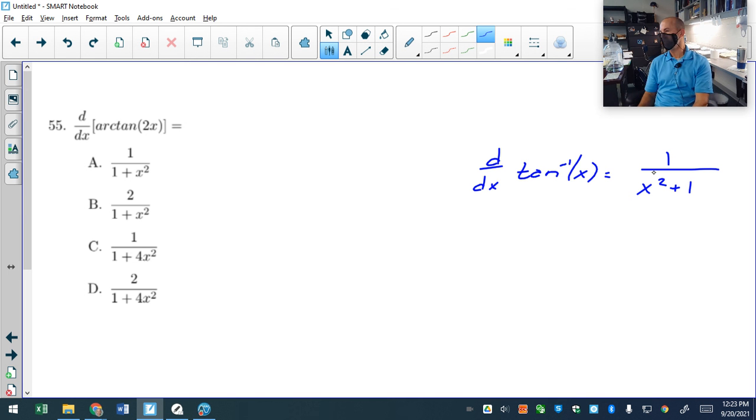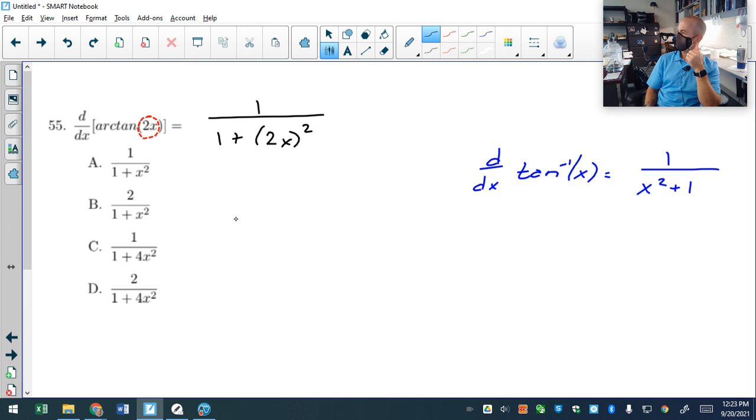And so if that's the derivative of inverse tangent x, what would I do for the inverse tangent of 2x? It's a chain rule. They have put something inside the inverse tangent. Now that's your gum. That's the inside. We don't touch that until I have completely done the derivative of the outside arctan x, which is 1 over 1 plus my x, which is 2x squared.